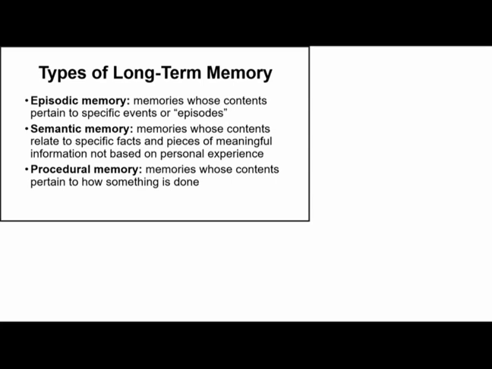Okay, so declarative, there's those two there. Then we have procedural memory, and this is non-declarative memory, or implicit. And the reason is because procedural memory is memories that pertain to how you do things. So if you know how to ride a bike, that's part of your procedural memory. You can't necessarily describe every single aspect of riding a bike.